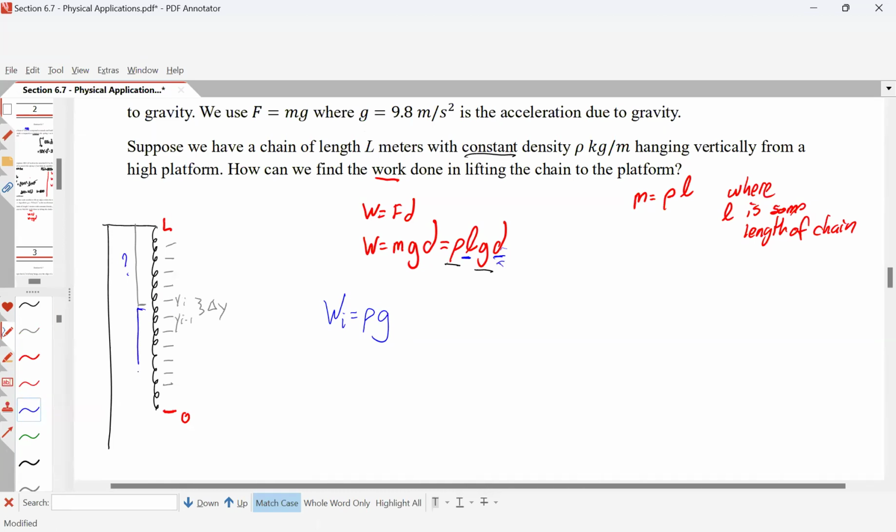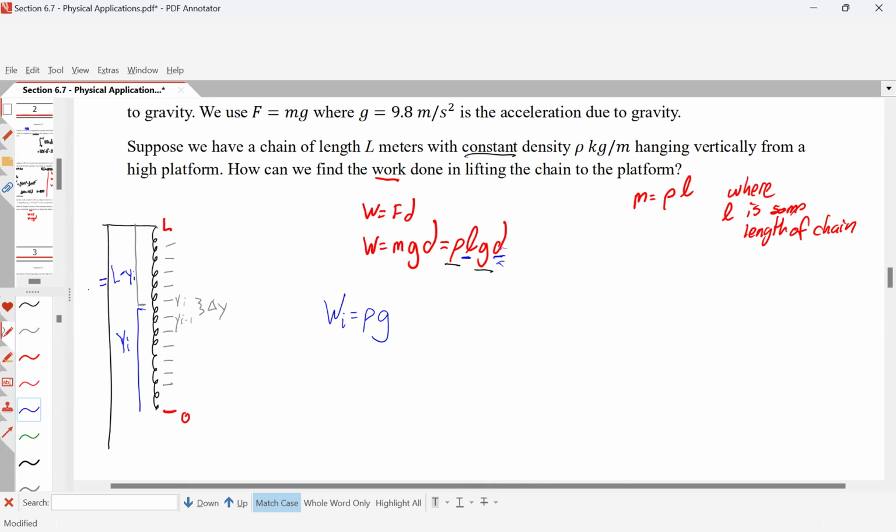But we know we're looking at the segment that's at yi, and we're trying to pull it up to a height of L. Well, basic subtraction says this distance is going to be the length of the chain minus where we're looking on the chain, the yi part.